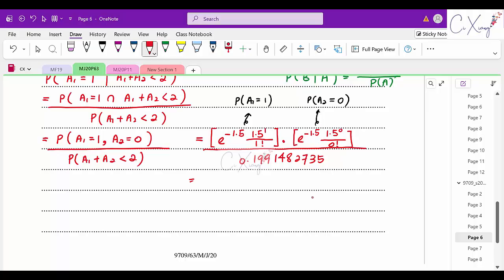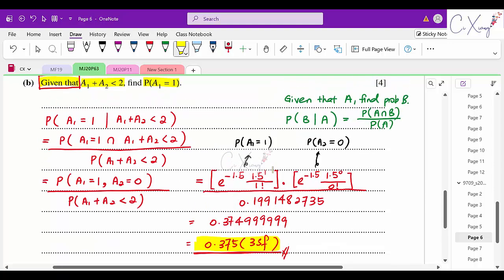By right, you should get the answer like this, 0.374999999, then correct it to 3 significant figures. Right, so this is basically what we have for part B.